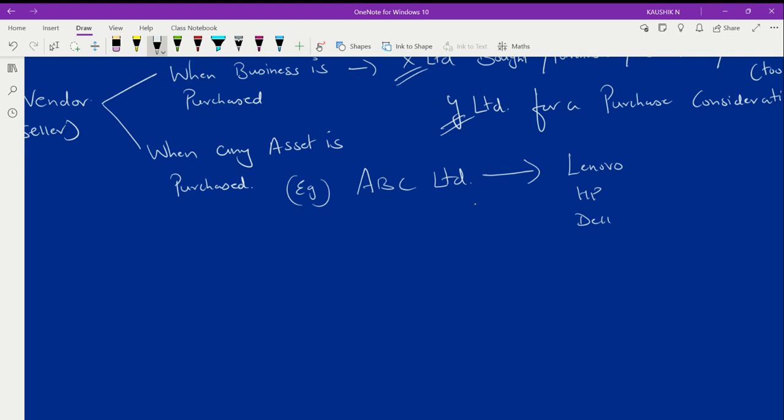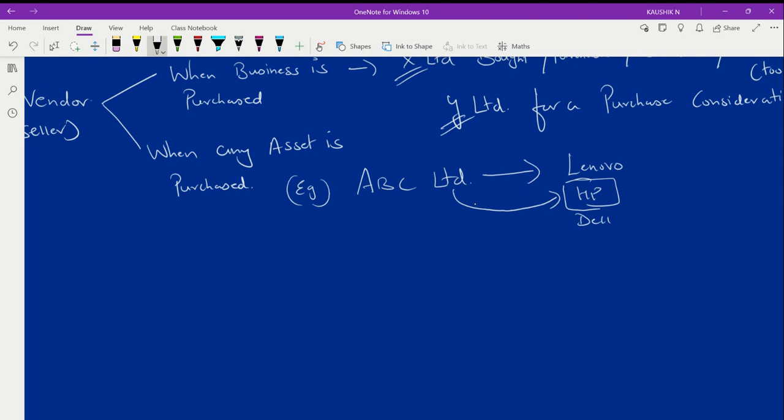And among these three companies, ABC Limited feels that the quotation given by HP is somewhat reasonable and affordable for the company. So they are going with the deal. ABC Limited says, yes, we will have a deal and we will make you our vendor to provide the required number of computers, how many laptops and how many desktops they want for the new branch.